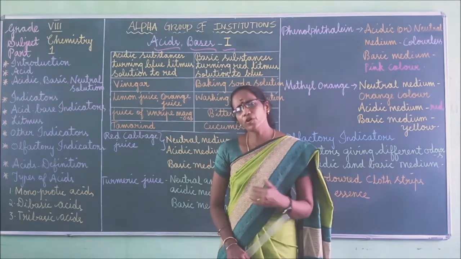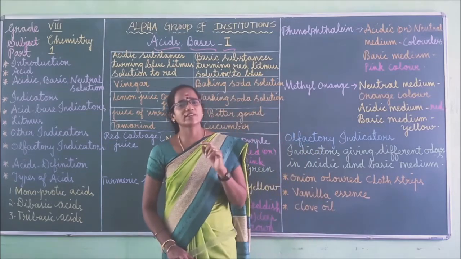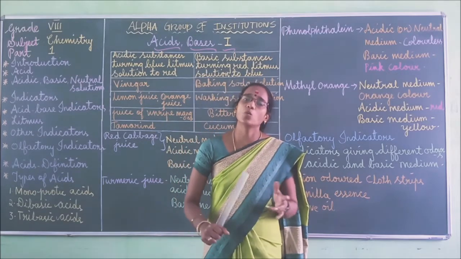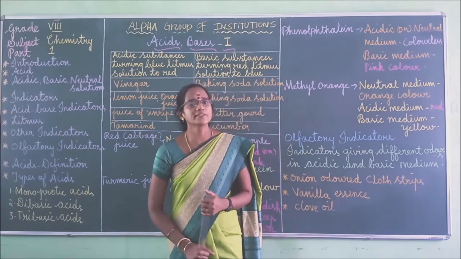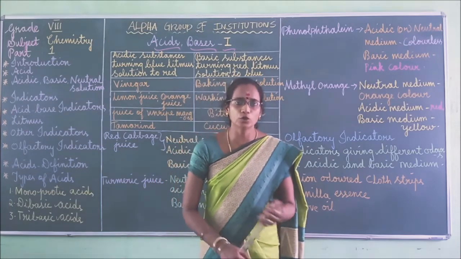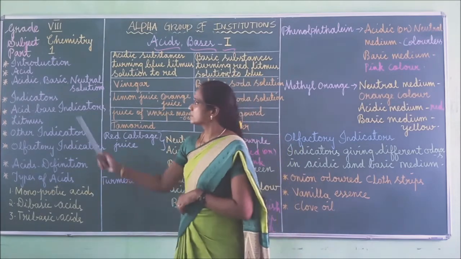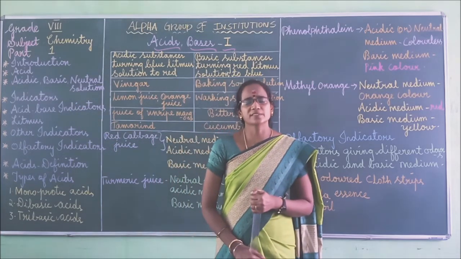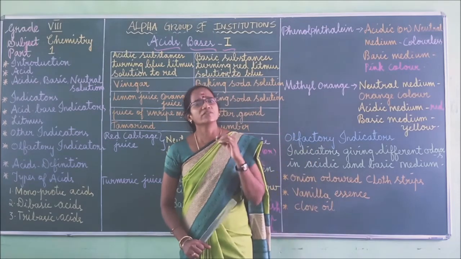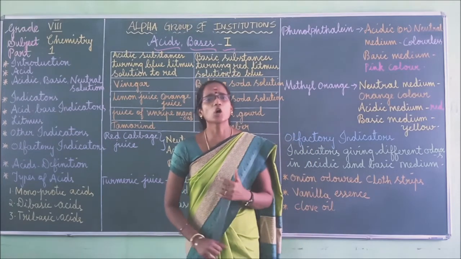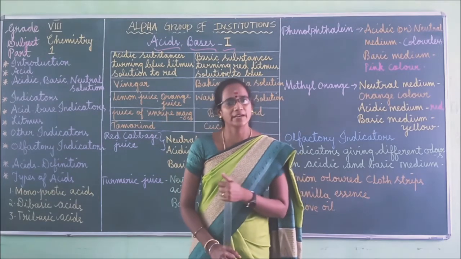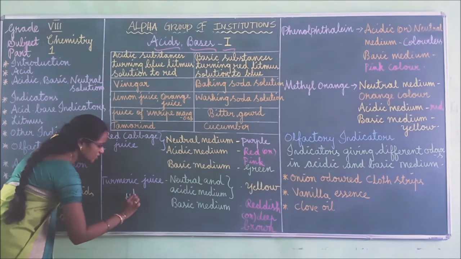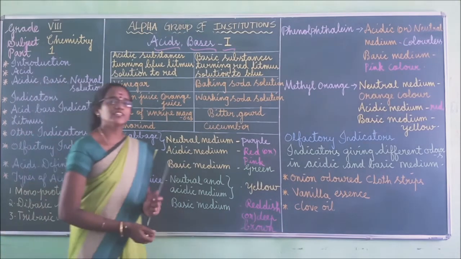Before we enter into this topic, first of all, you should know what is meant by acidic solution, what is basic solution, what is meant by alkaline, and what is meant by neutral solution. First, let me see the acidic solution. Acidic solution means the solution which contains a higher concentration of hydrogen ions, that is H plus ions.